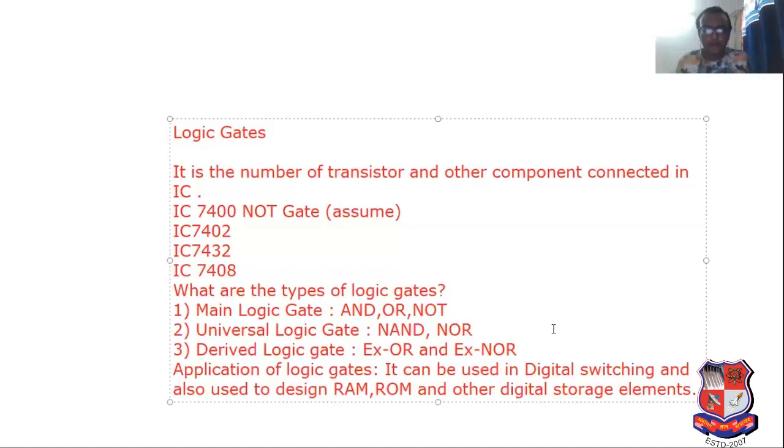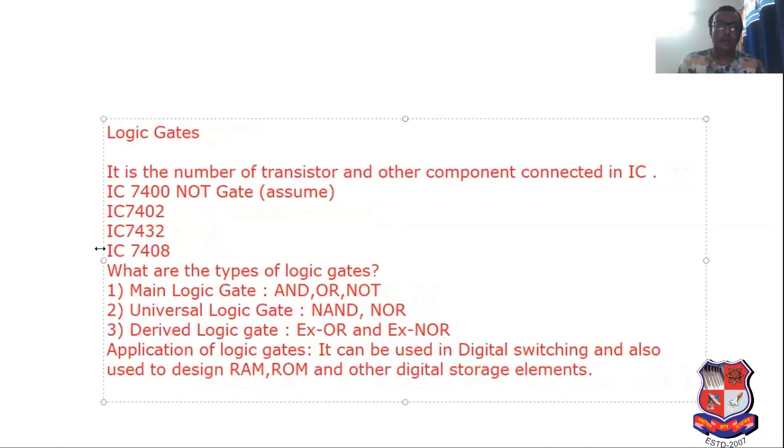Now, what are the other parameters of logic gates that I will discuss here? This is the basic concept regarding logic gates.